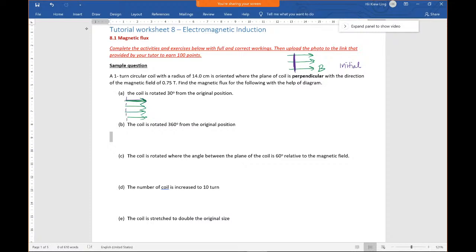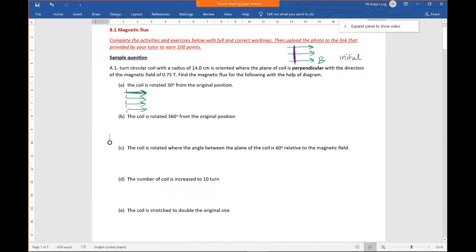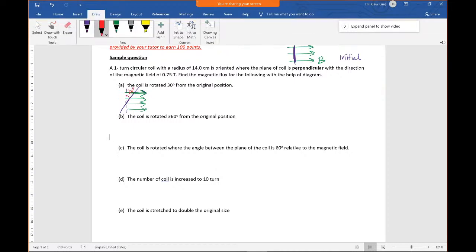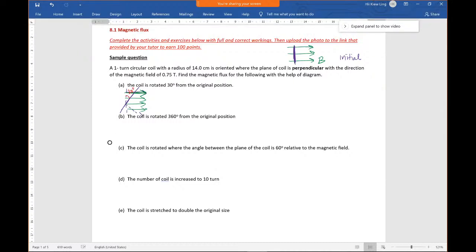Becoming like this, 30 degrees from the original position. In order to find your magnetic flux, you have to first determine your normal line. The angle between normal line and your magnetic field is theta.